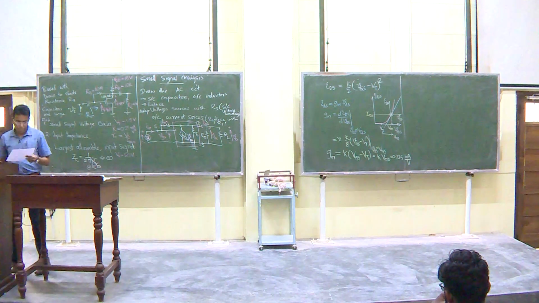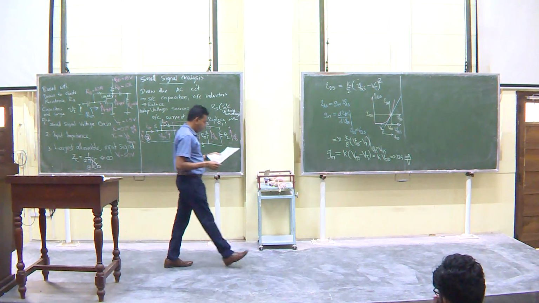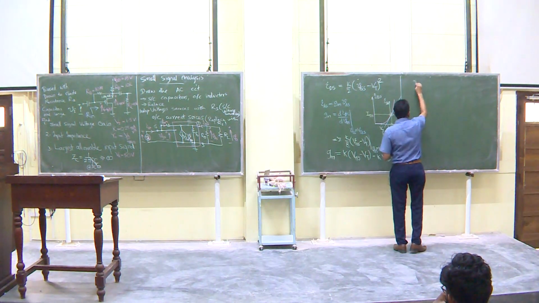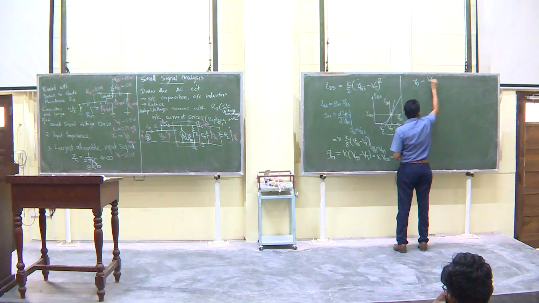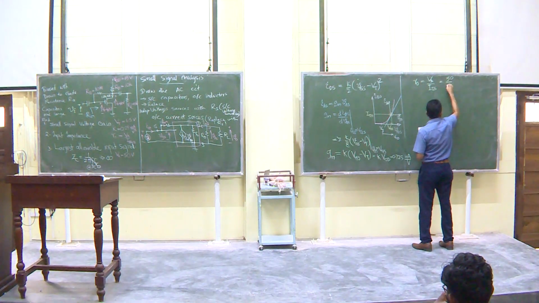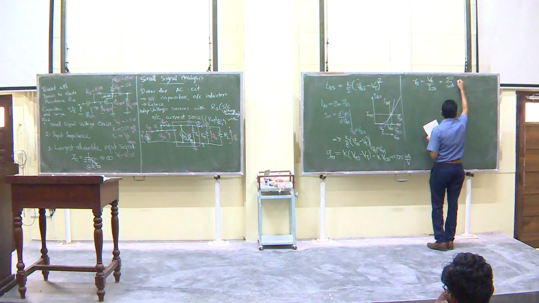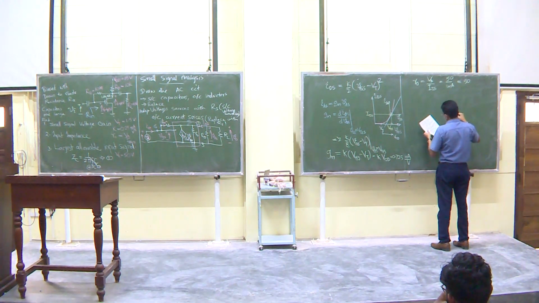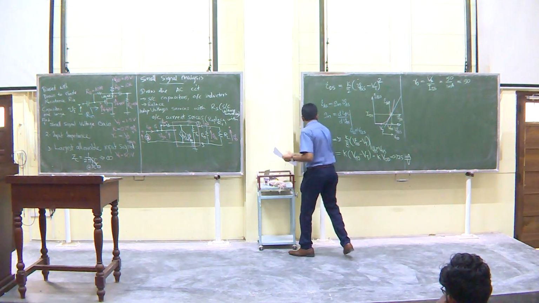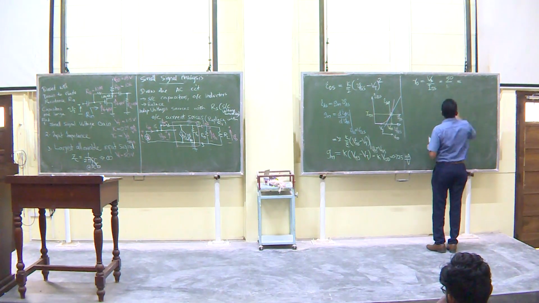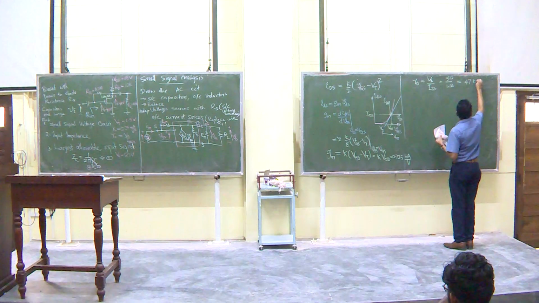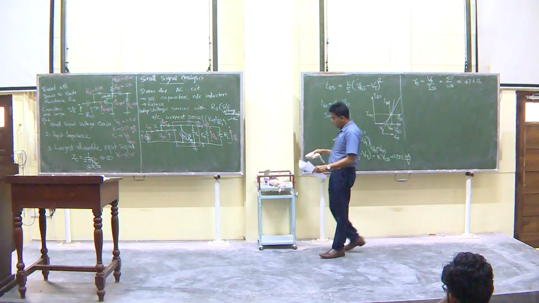That also, this value we now have. In addition to that, we are also given r_o, which is VA divided by IDS, which is equal to 50 divided by 1.06 milliampere, roughly equal to 47 kilo ohms.